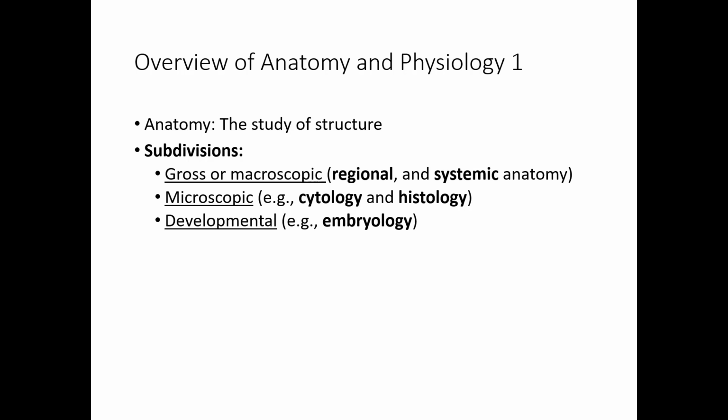Example. And finally, everything that we can see with our own eyes, what we can touch, that is gross or macroscopic anatomy. There are 2 ways also to study macroscopic anatomy: regional and systemic anatomy. Regional anatomy would be helpful for surgeons, for example.